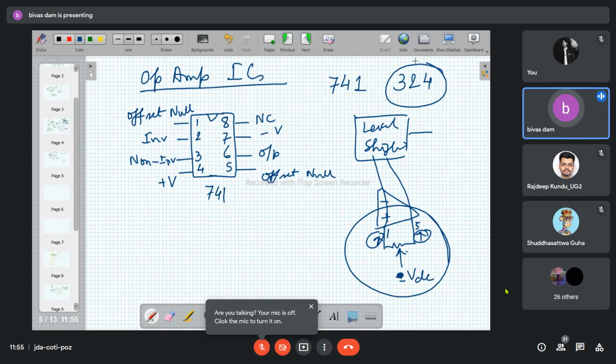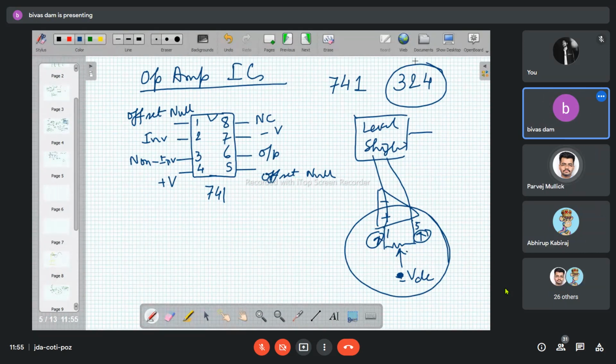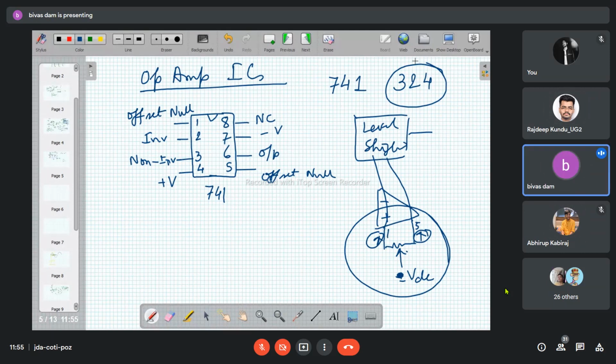So this is the pin configuration of the IC 741. Now for 324, the 324 is a quad op-amp. What do you mean by a quad op-amp? Four individual op-amps are there in a single package.